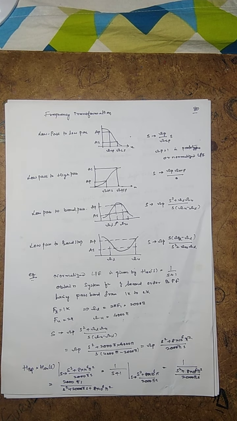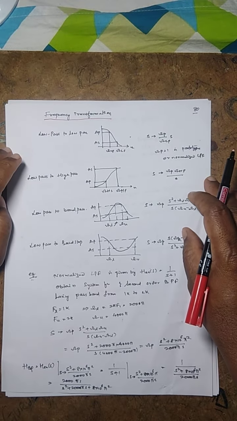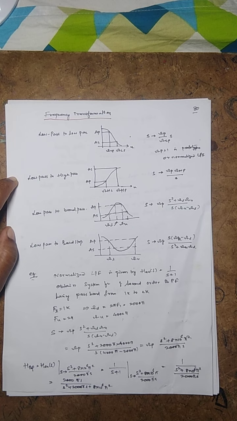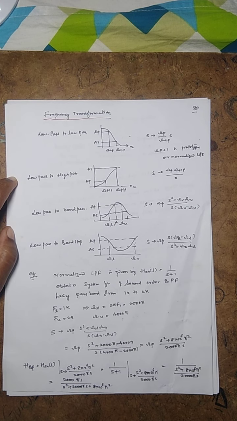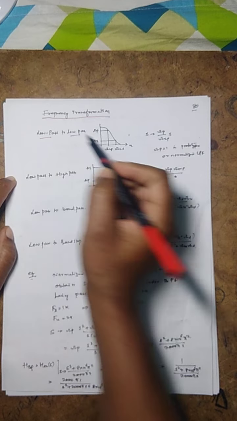Next, the frequency transformation is used to design the high pass, band pass and band stop filters from the low pass. The standard expression for the low pass is given, and from that low pass you can design the high pass, band pass and band stop filters. First one is low pass to low pass filter.